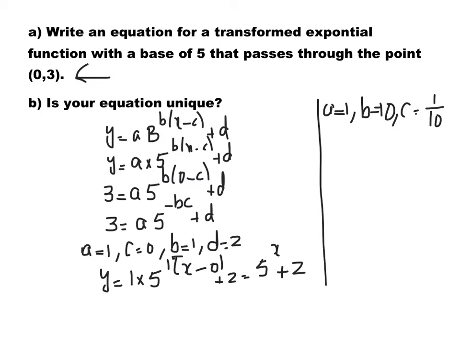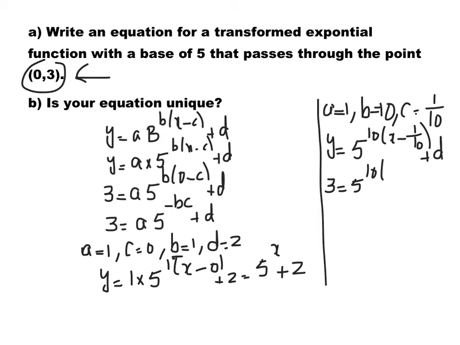My equation first becomes y is equal to 1 times 5 exponent 10 times (x minus 1 over 10), plus d. To find d, I know that it goes through this point. So if I set y equal to 3, I get 5 exponent 10 times (0 minus 1 over 10), plus d.